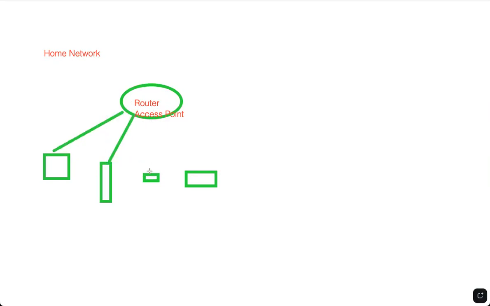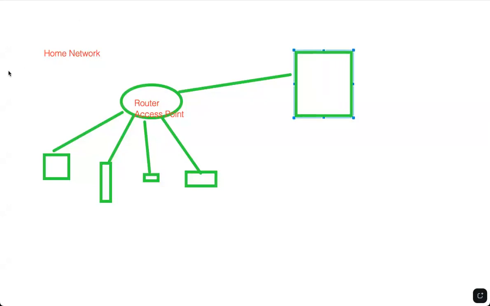It will be connected to this router, and this router will have a connection to the outside of your house. Whoever is your provider, they will have a gateway or a modem at the end of the street or the community or that specific location.